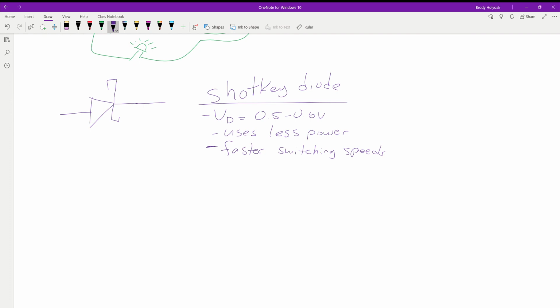In between those switchings of the bias, you have a delay time. You have this switching speed. A Schottky diode is much faster than a regular diode at dissipating the energy and being able to reverse and go the other way, which is important for computers, calculators. You want those guys to be able to switch back and forth depending on how they're being used.